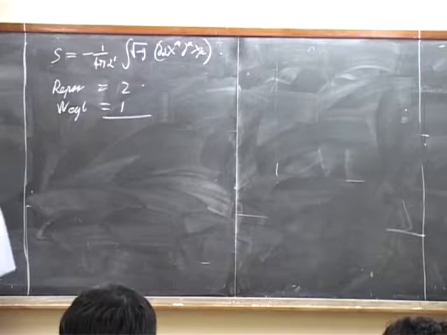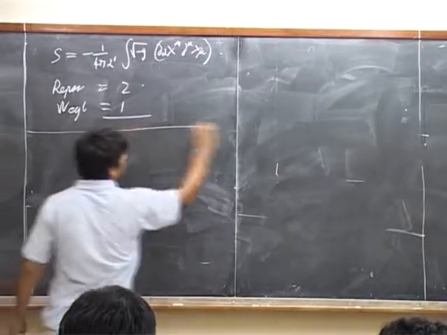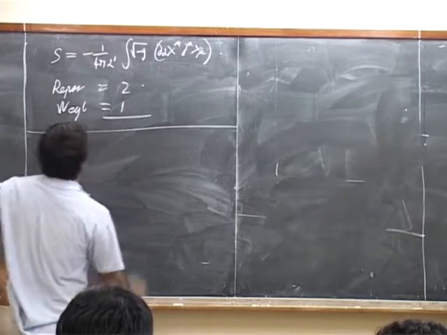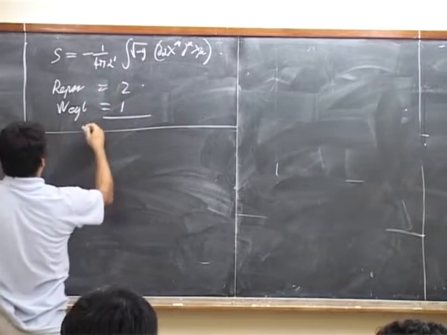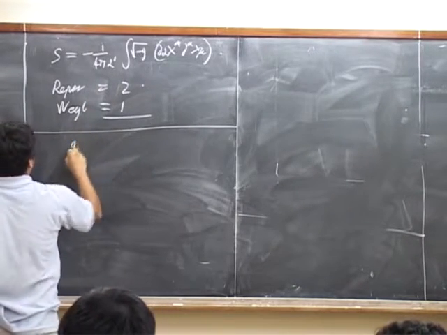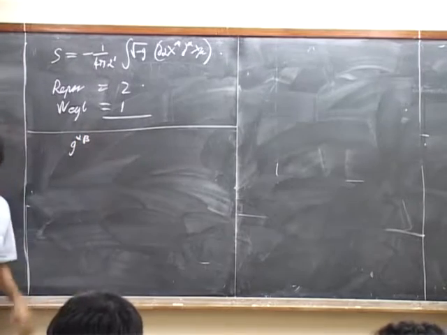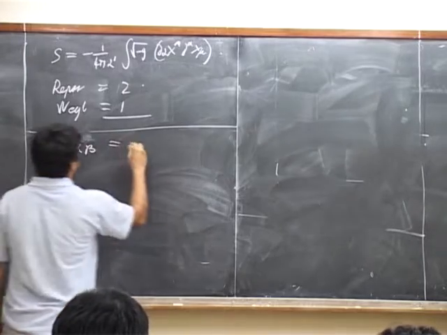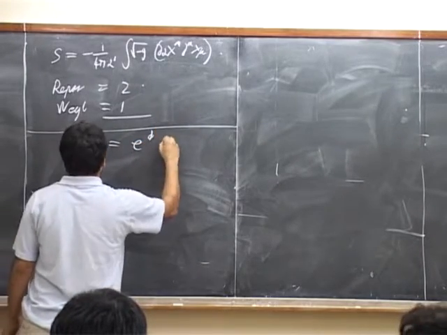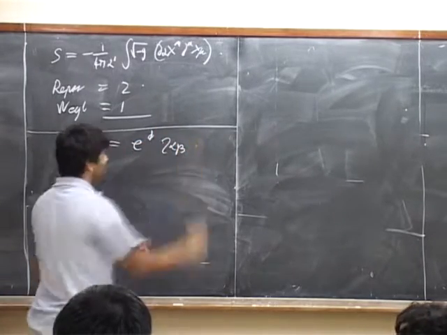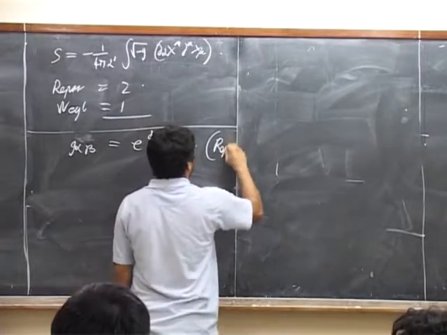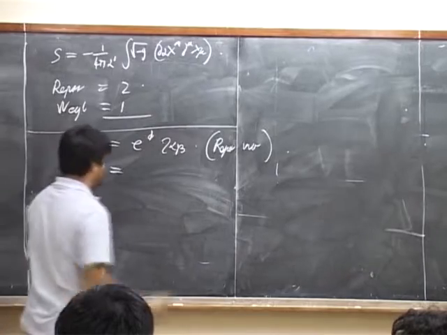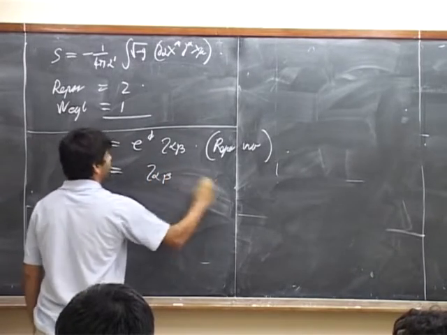So what we're going to try to do is to set this g alpha beta to the form e to the power phi times eta alpha beta, using reparametrization invariance, and then to set the same thing to eta alpha beta using Weyl invariance.